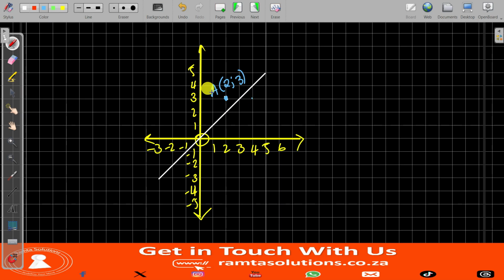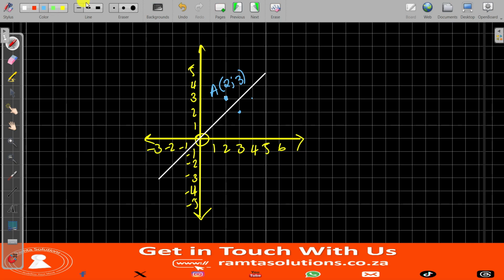So allow me to look at it in this way. 1 unit to the left, all right? 1 unit down. I'm going to go 1 unit down and 1 unit to the right. Okay, so the new point image is here.